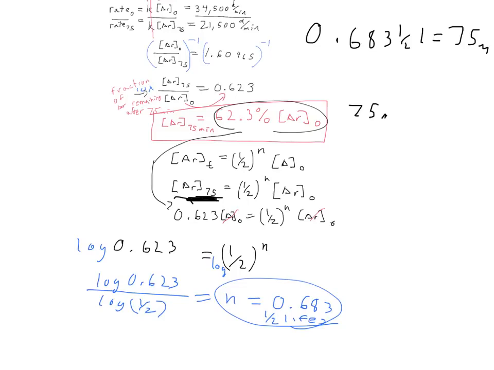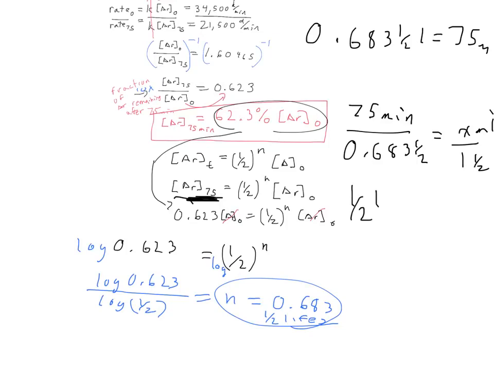If 75 minutes equals 0.683 half-lives, then one half-life equals x minutes. So one half-life is equal to 110 minutes.